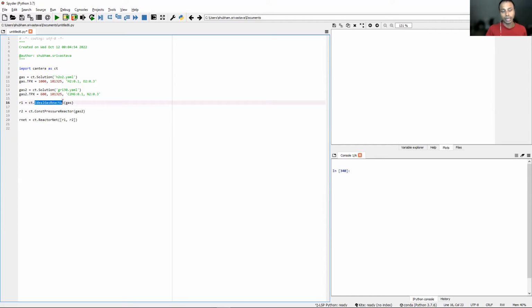Here I have an ideal gas reactor. You can have a constant pressure reactor, ideal gas constant pressure reactor, or something else, a flow reactor as well. There are multiple reactors in Cantera. And this line also is needed. The only difference is that the number of reactors, the name of the reactors, that will change. However, this ReactorNet class will be needed if we want to solve the system of reactions.